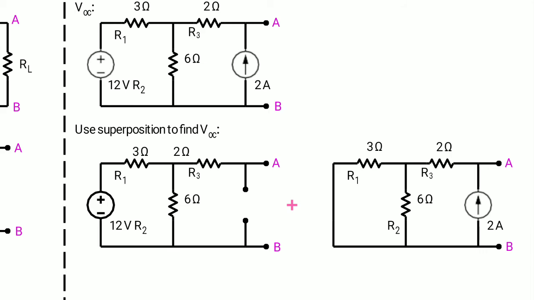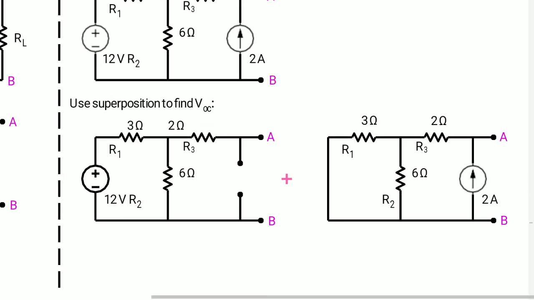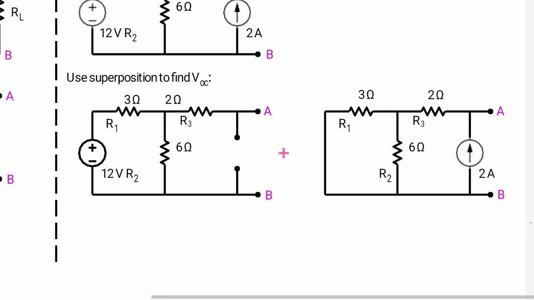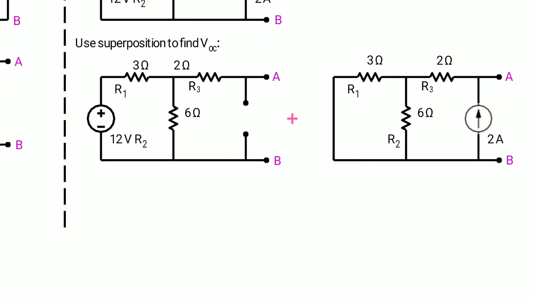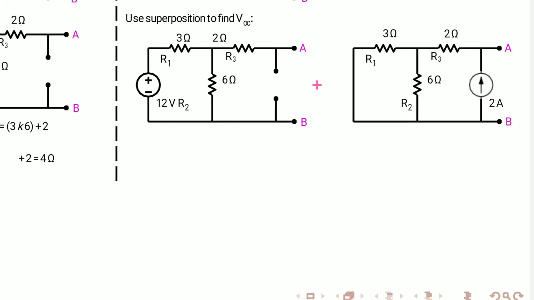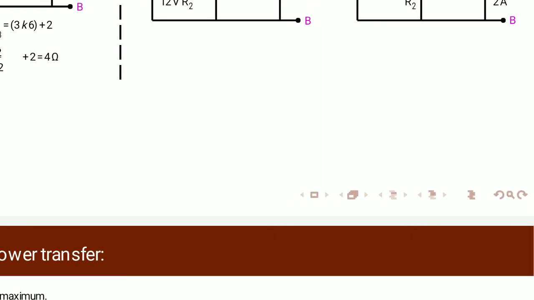Now see here: 12 volts, 3 ohms, 6 ohms and 2 ohms and AB. In the second circuit, 3 ohms, 6 ohms and 2 ohms, and the current source is 2 amps. From these two circuits we get the voltage by the superposition theorem.